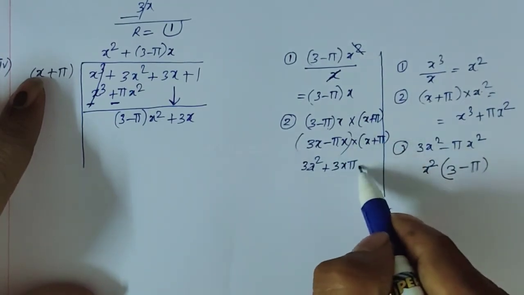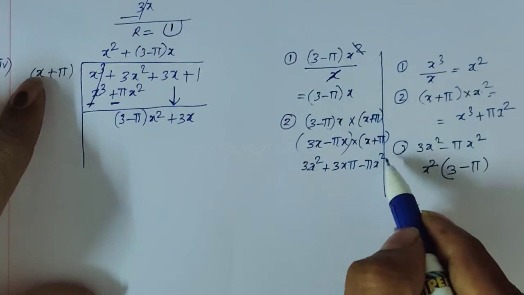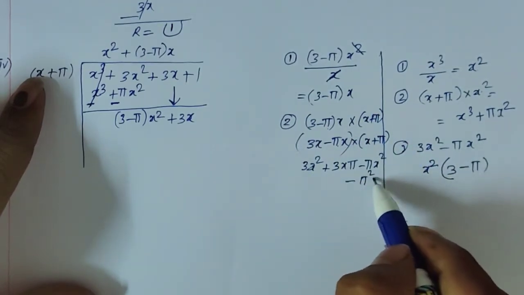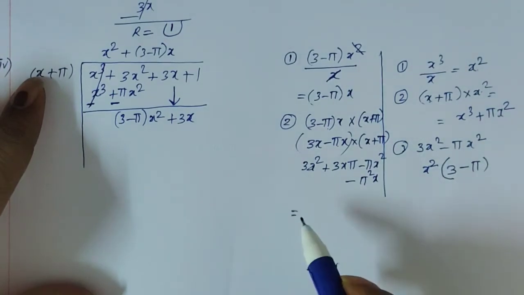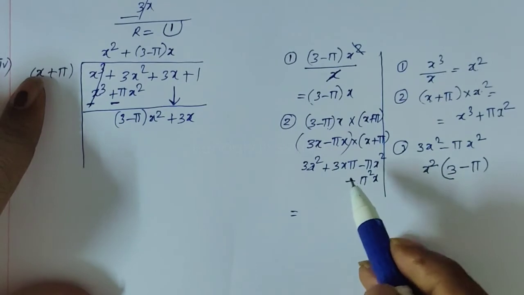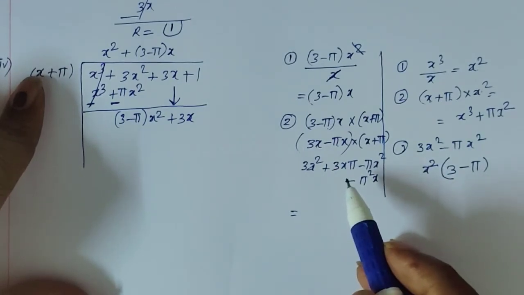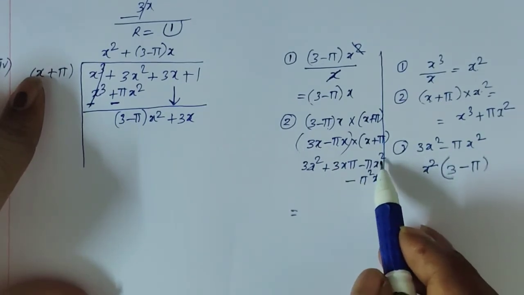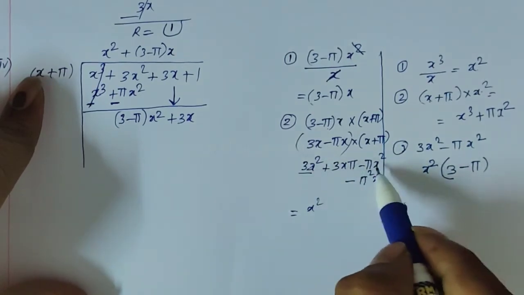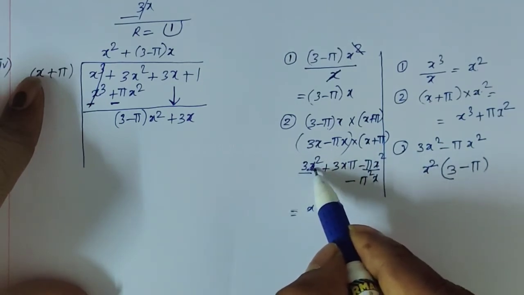Minus pi x into x, pi x square, minus pi x into pi, pi square x. In this, x square is common in these two terms, so take x square common.